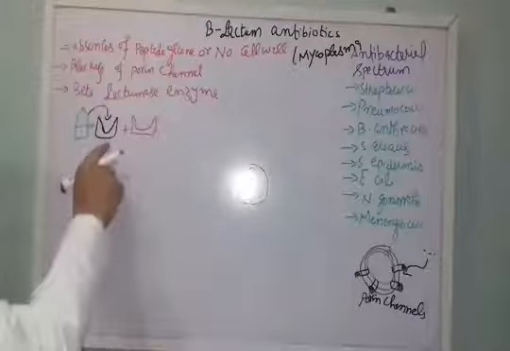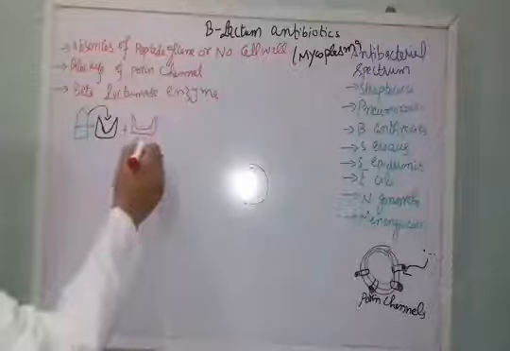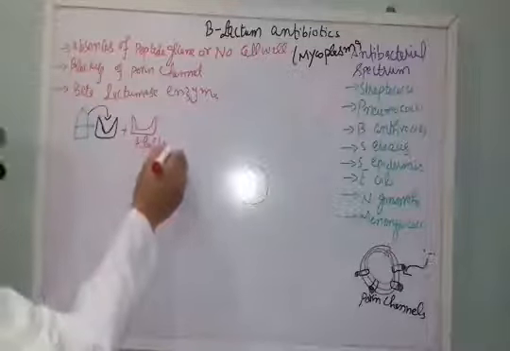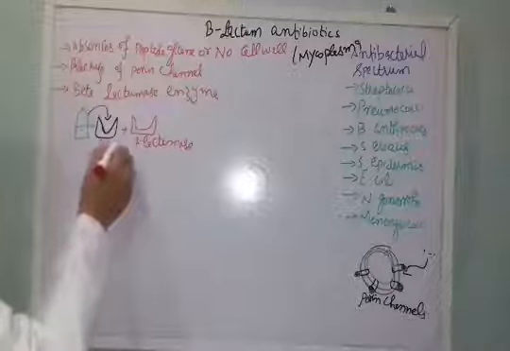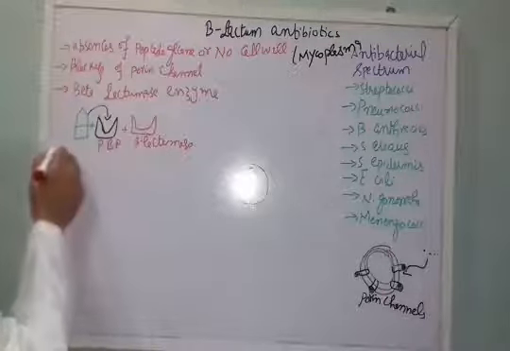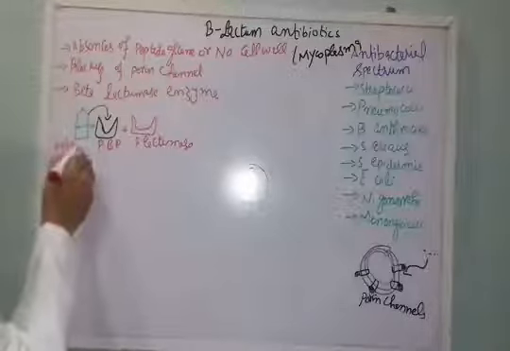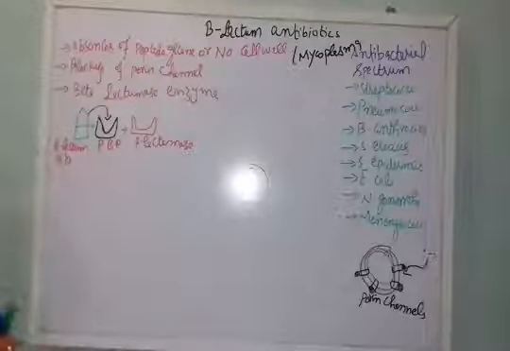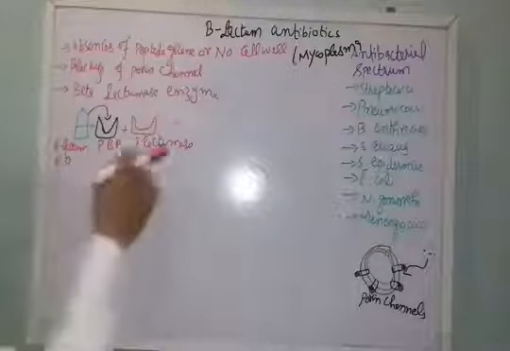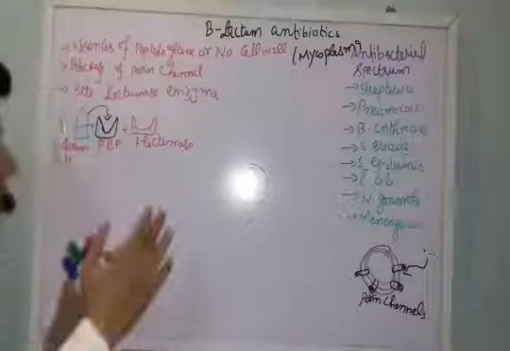If we see the structure of this penicillin-binding protein and this beta-lactamase, let me write beta-lactamase. And this is the penicillin-binding protein. And this is the beta-lactam antibiotic. Now if we see the structure of this beta-lactamase and this penicillin-binding protein, both have the same form.